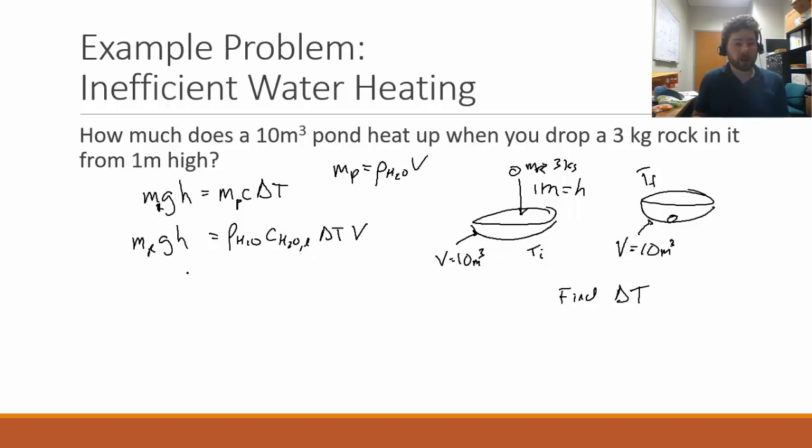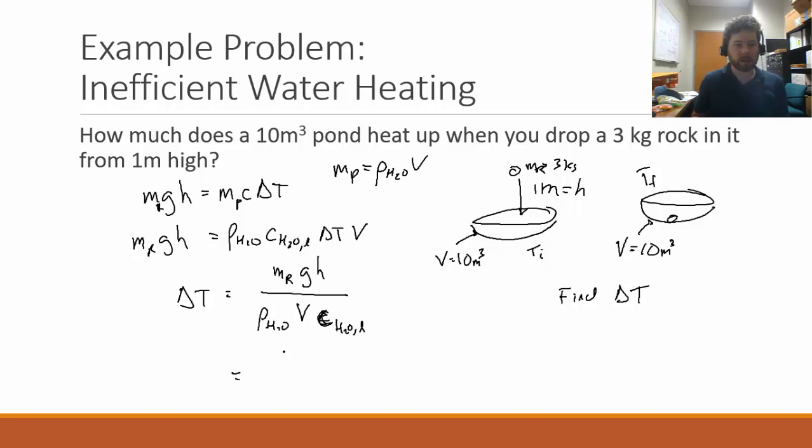To find the temperature change, all I have to do is divide over. So I get the mass of the rock times g times h, all over the density of water, the volume of the pond, and the specific heat, c, of water as a liquid. Those three terms are all in the denominator.